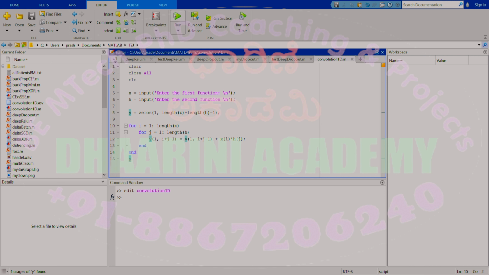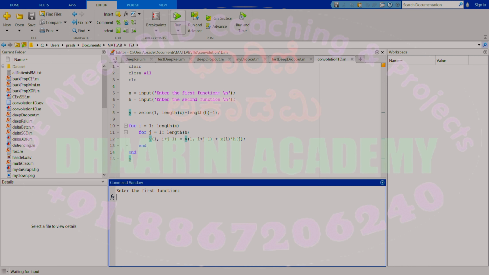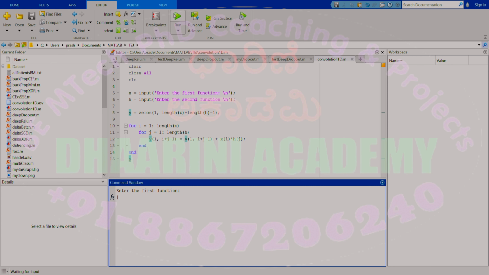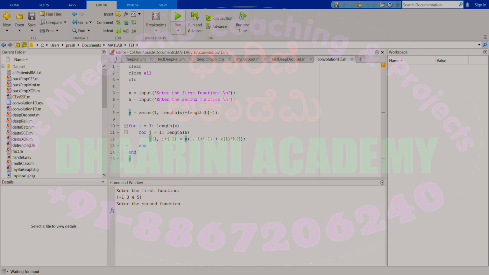I'll simply run this code. So it asks enter the first function. I'll just go back to the one which we have written now. So -1 3 4 5. Okay, that's the first sequence. Enter the second function.